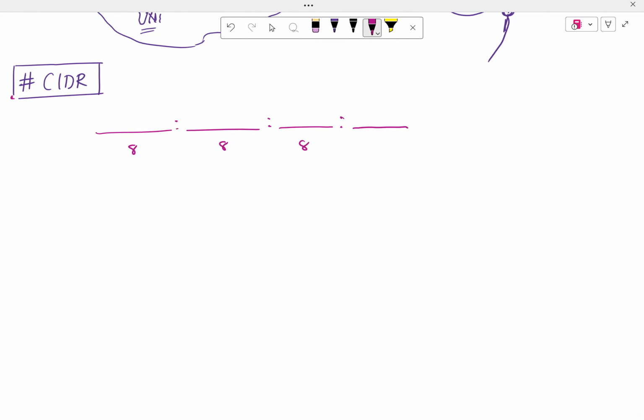So in 32 bits, let's say a network wants to use some bits for its network, and the rest for host.